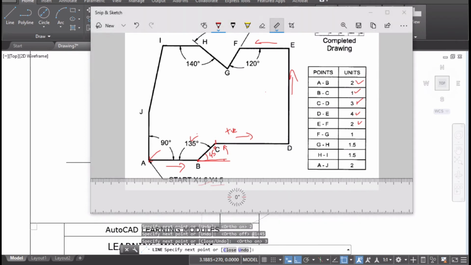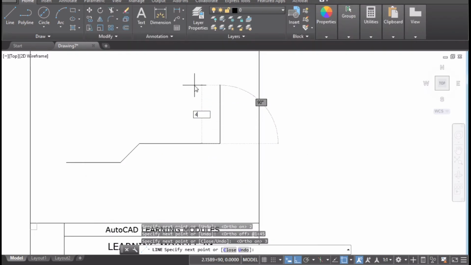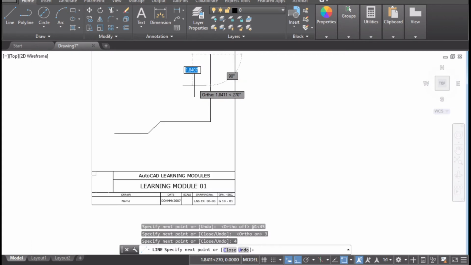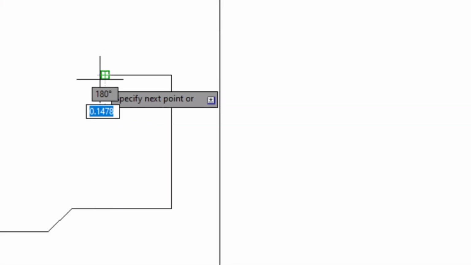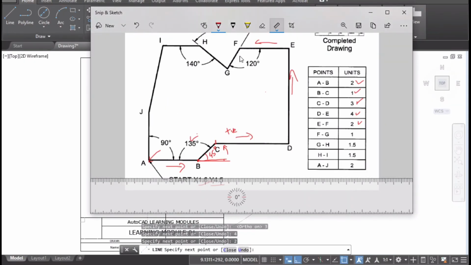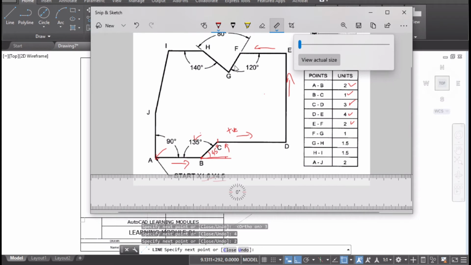So 4 units in this direction, enter, and then 2 unit in this direction, enter. That's it. So we almost finished up to this, and we have another angle coming right here.